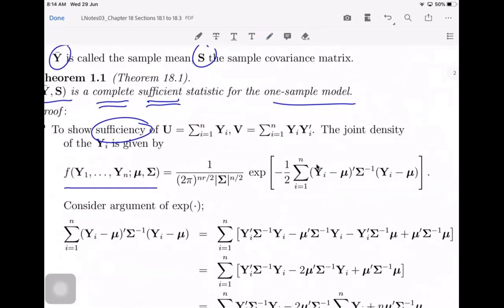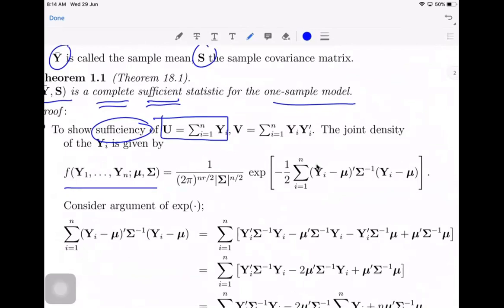So for easy notation, we will let u be the summation of yi. So it means that 1 over n times u will be your y bar, no?